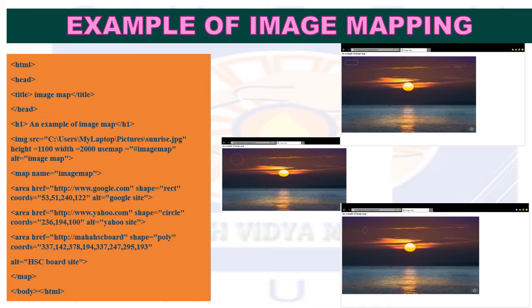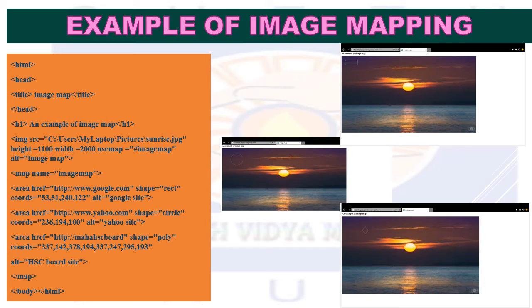This is called hotspots. These are the coordinates you have to take. How you will get these coordinates, let us see in the next file. But you have to understand, when I click on this rectangular shape, it will go to the Google site. When I click on the circle shape, it will go to the Yahoo site.